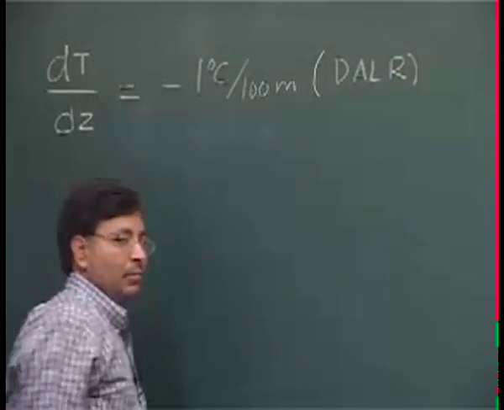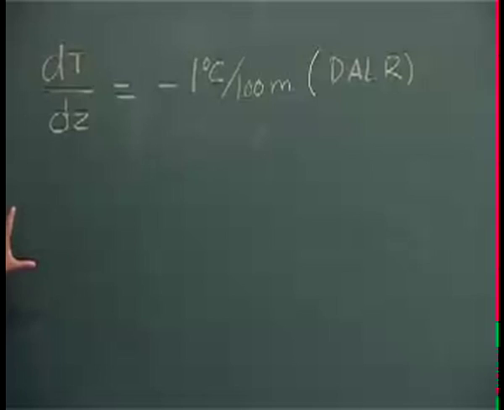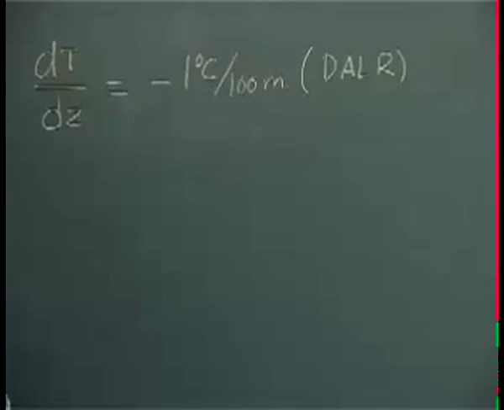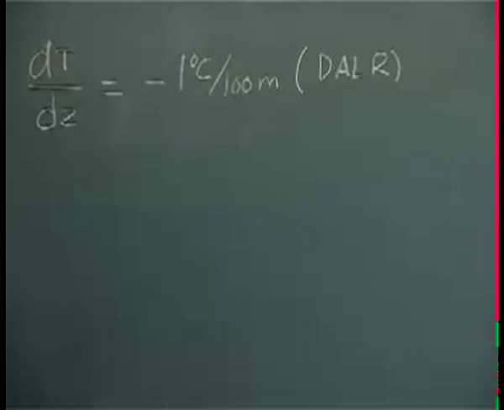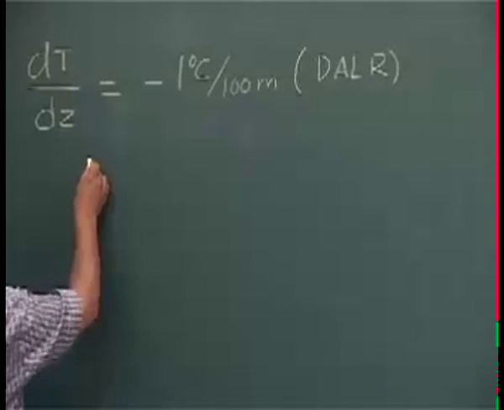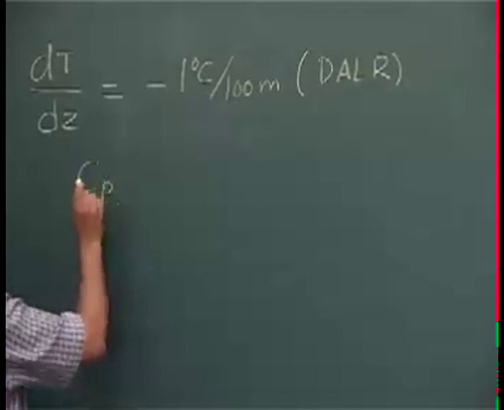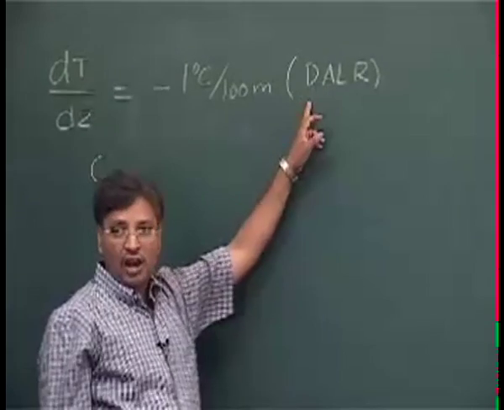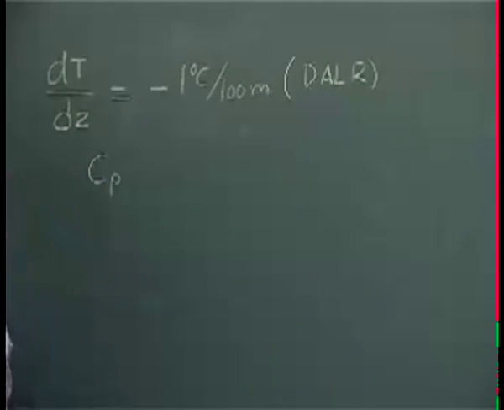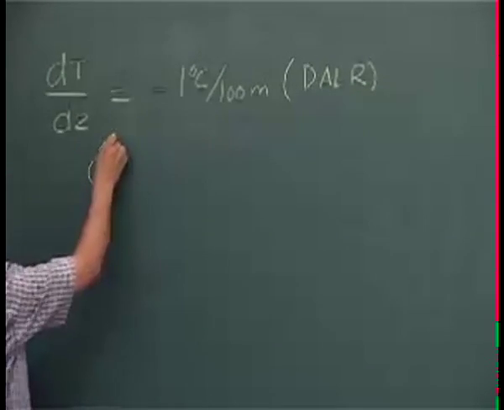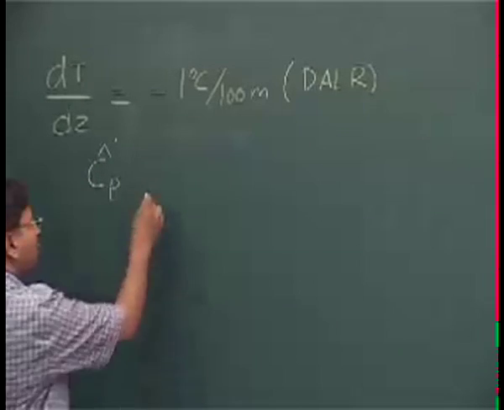But then we also drew a little graph to show the effect of moisture, so I will write that once again. Suppose your air is not dry, but has moisture. Let's call the Cp hat that we were describing yesterday, with moisture.